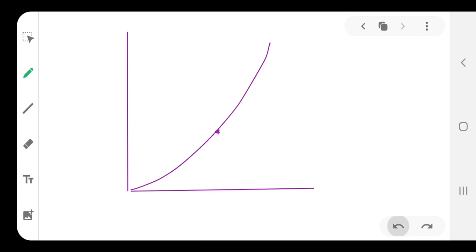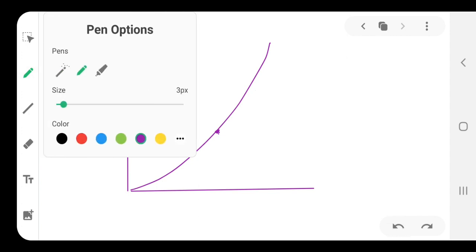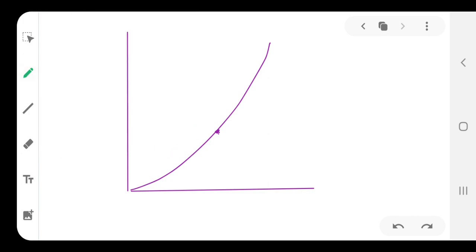So I can draw a tangent like this, and I can take a triangle like this. If this is my x-axis and this is my t-axis, this will be my delta t.